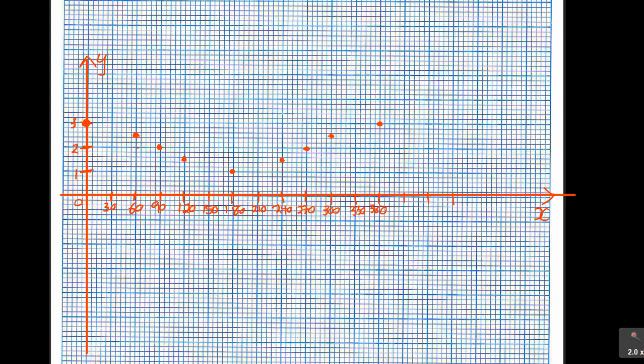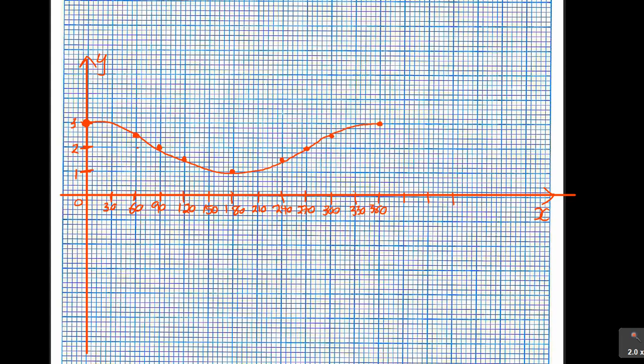So now I need to draw this particular graph, and if you can see it carefully, I have a graph which is going like this. Remember, this is like a sine wave kind of a graph. It starts there, like that.